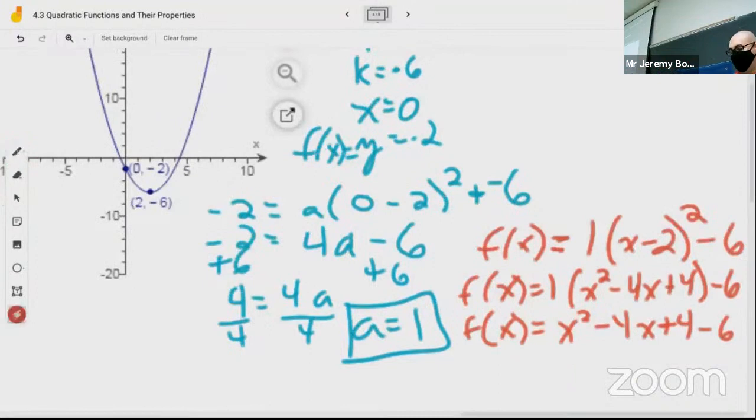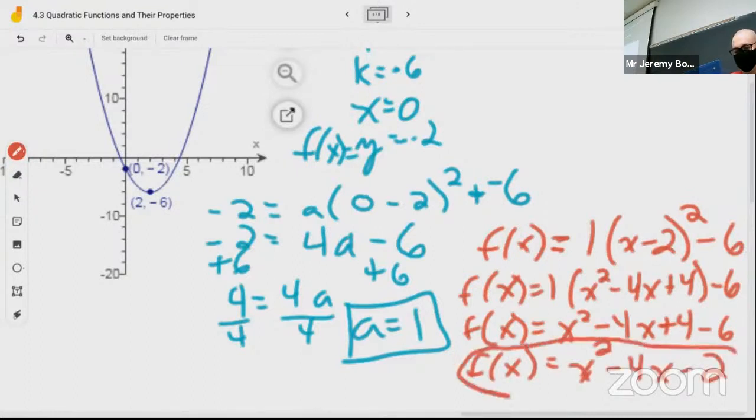And then to get our c term, which should be -2, we're going to add the 4 and the -6, which looks like it's going to work out. There's our quadratic equation. I'm going to fix this up. There we go. Any questions on that one?